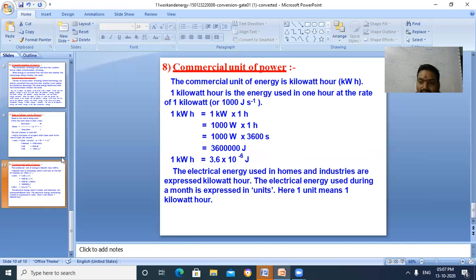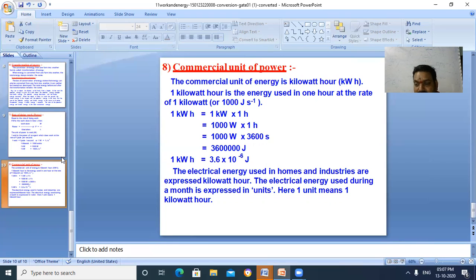That means 1 kilowatt hour is the energy when 1 kilowatt of power does work for 1 hour. So 1 kilowatt hour is nothing but 1000 watts into 1 hour.